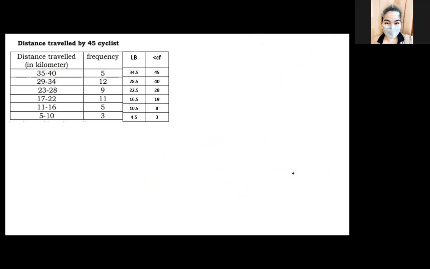Wait lang, hanap ako ng ano. P sub 17 tayo. 17. Yan. So, locator, hanapin natin siya dito ulit. So, that's 17 times 45 divided by 100.